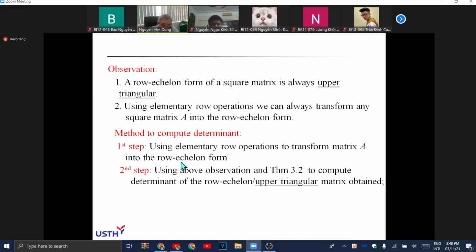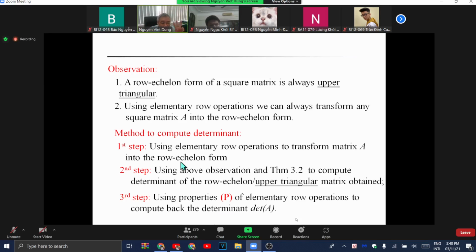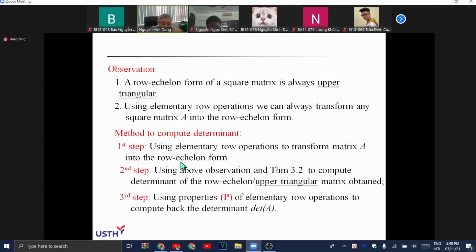The determinant of a triangular matrix is very easy to compute: it is the product of all the entries lying on the main diagonal. Then the last step, we use property P in the red box, and we can compute back to know what the determinant of A is. We summarize it in 3 steps like that, but now we look at an example.